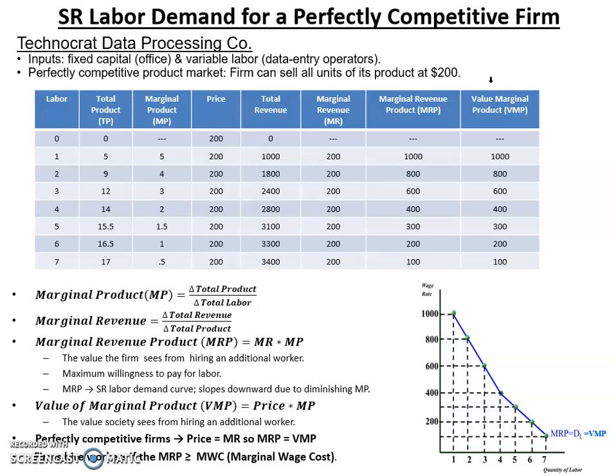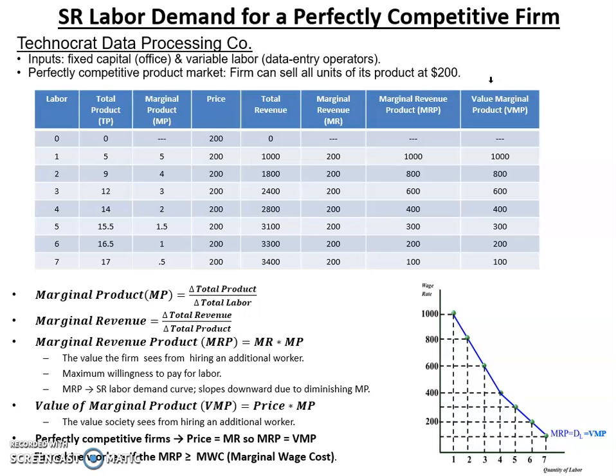If they try to charge even a penny more, they would lose their business to other firms, because consumers could get it from any other firm for the market price of $200. Conversely, if they were to charge less than $200, they would be sacrificing profits that are unnecessary because they can sell at $200. So that's the context of a perfectly competitive product market.